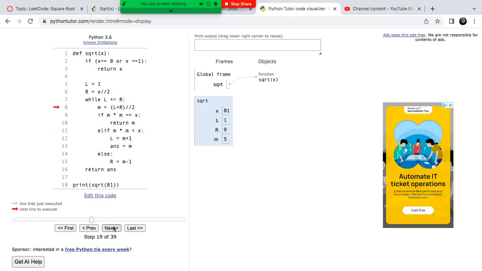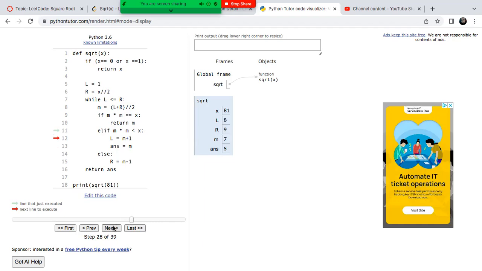We keep on doing this, and this time the interval that we land on is on the right-hand side, so we set answer equals m.